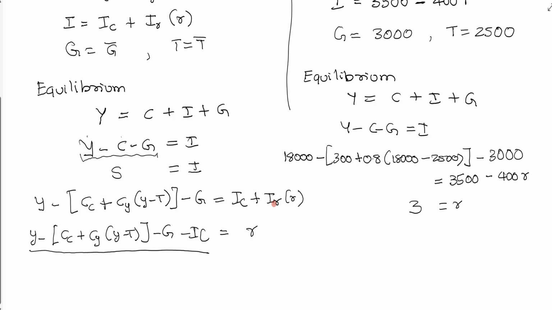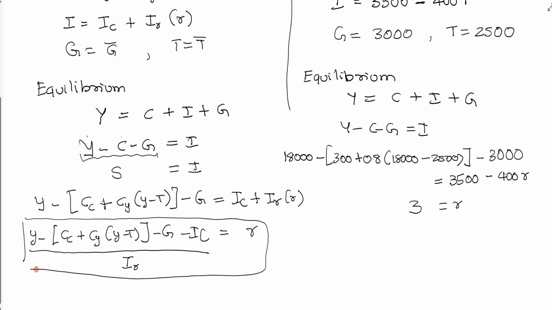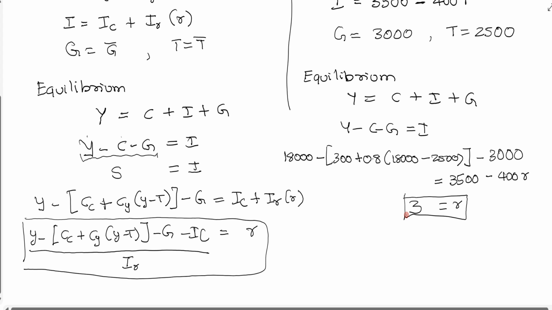IR is a slope coefficient, so it's IR multiplied by R. You divide both sides by IR, and you get your real interest rate. In the analytical framework, and in the numerical framework given the numbers that we have used, you get interest rate equals 3%.